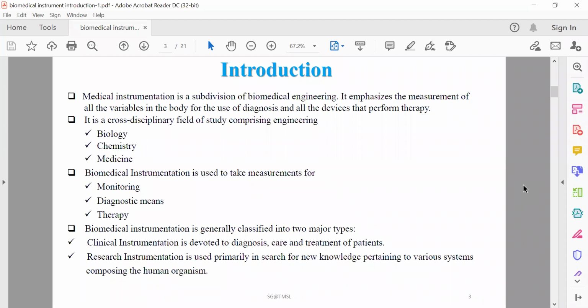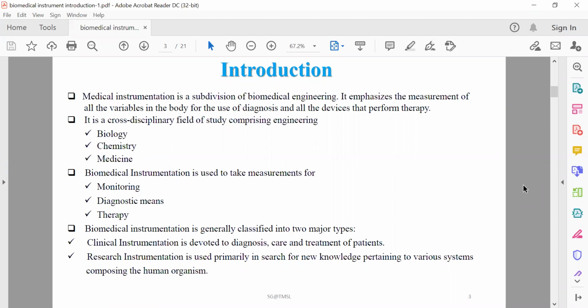So biophysics and biochemistry, these two interdisciplinary basic sciences have been applied to living things. Similarly, bioinstrumentation means the measurement of biological variables. The field of measurement is referred to as biometrics, as I have told you earlier.